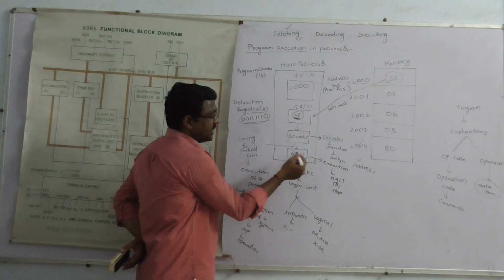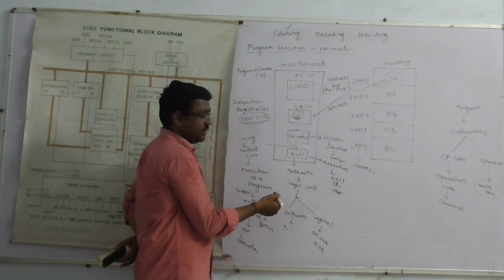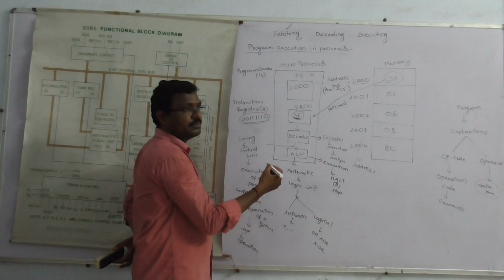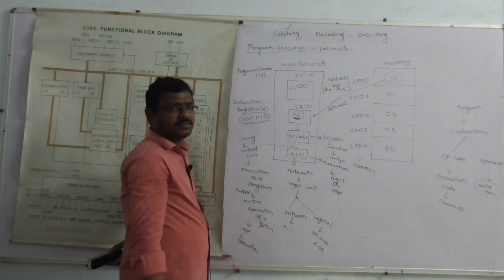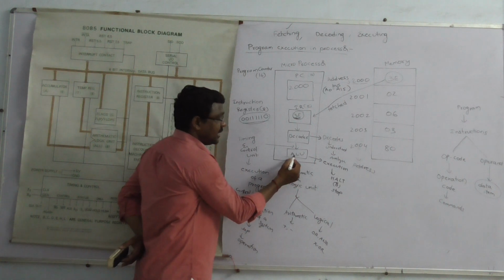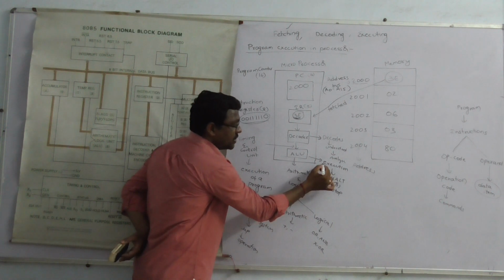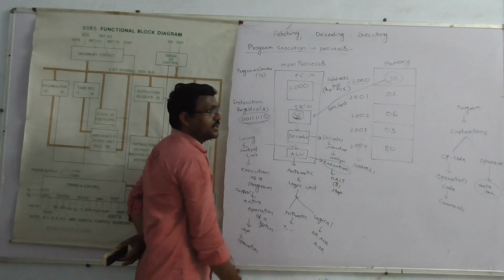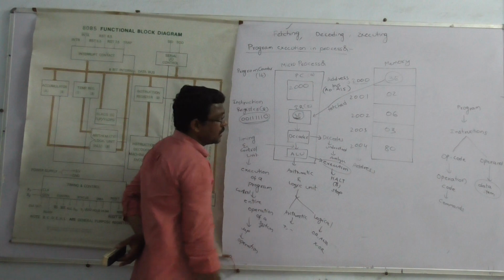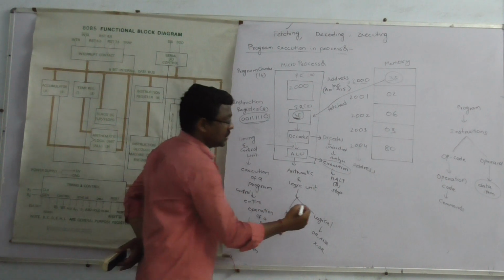The ALU, the arithmetic logical unit, and the output can be produced by monitors or printers, whatever it may be. Here the ALU performs execution up to the halt or stop instruction.